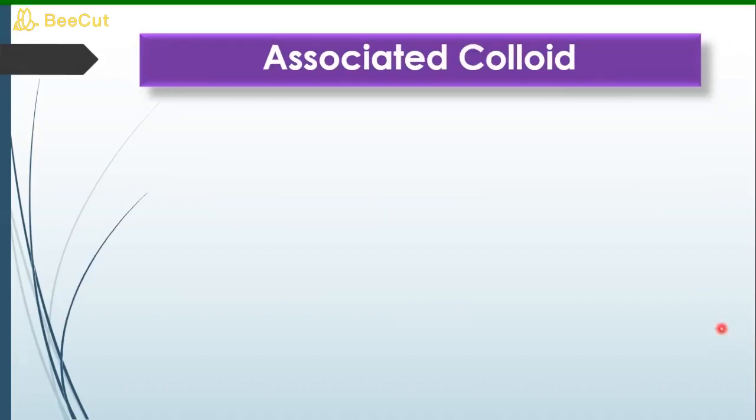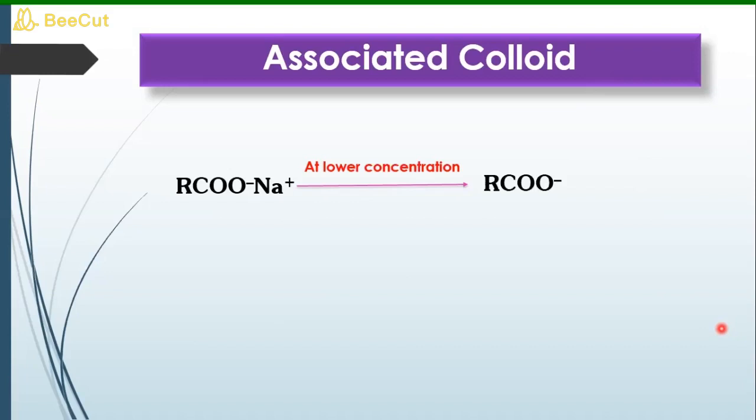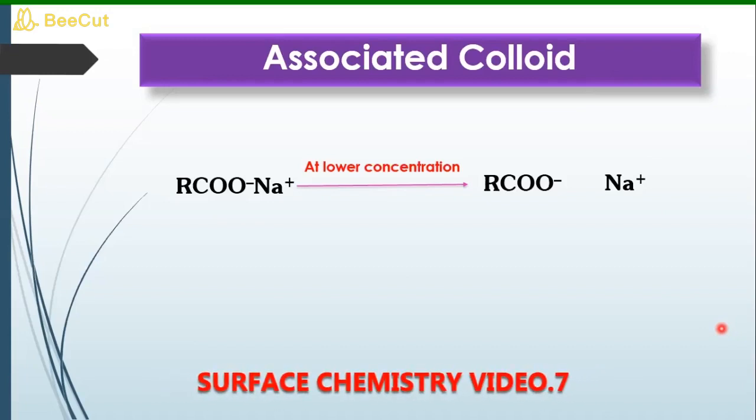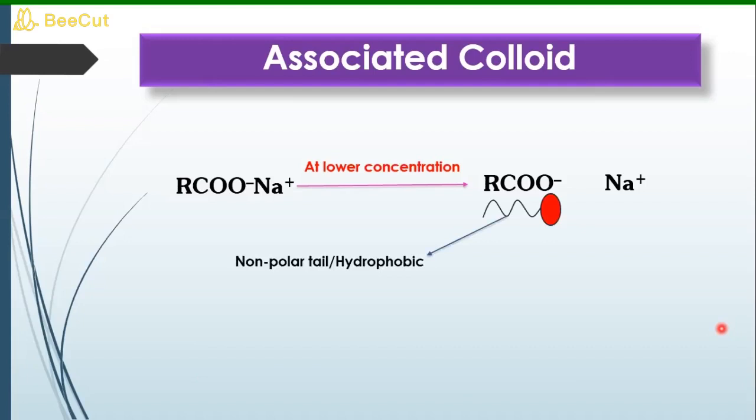Let us have a small idea about associated colloids now. Soaps are generally represented by the formula RCOO minus Na plus. At lower concentration, it behaves like a strong electrolyte. Hence, it splits to give you RCOO minus plus Na plus. Now this RCOO minus can be represented pictorially like this, in which the zigzag portion is called the tail, which is hydrophobic and non-polar in nature.